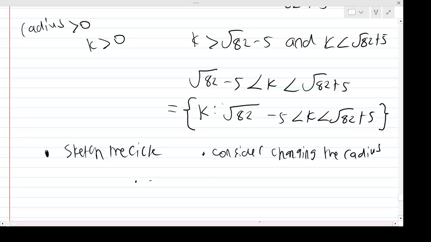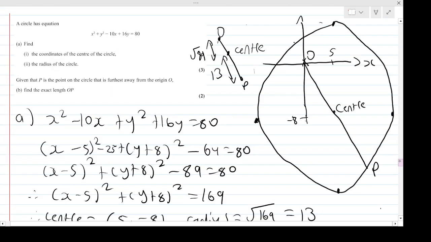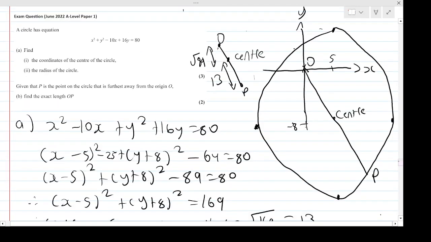And also consider splitting a line into different parts to find a distance. And again, I echo what we did in the previous question, where if we needed to find the line from O to P, we couldn't find that directly because we don't know what the point P was. All we know is that it was on the circle.